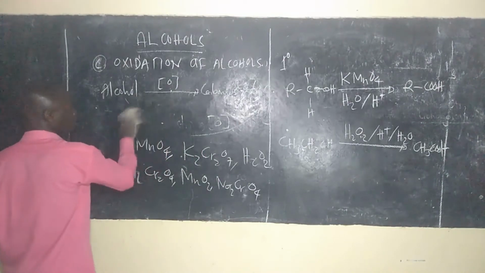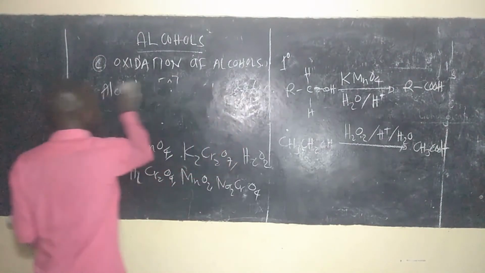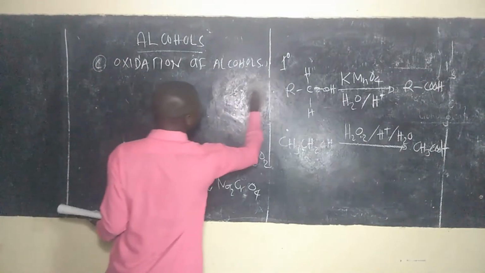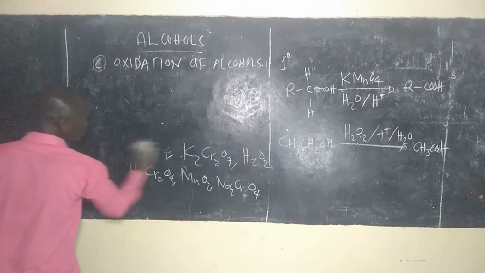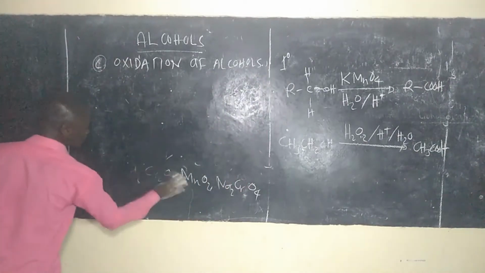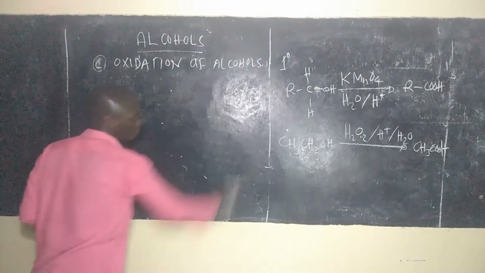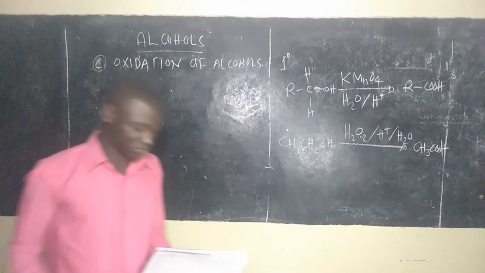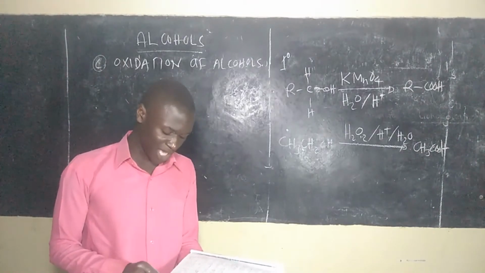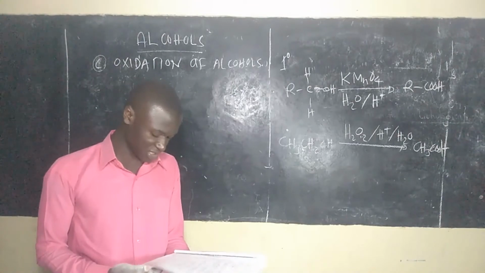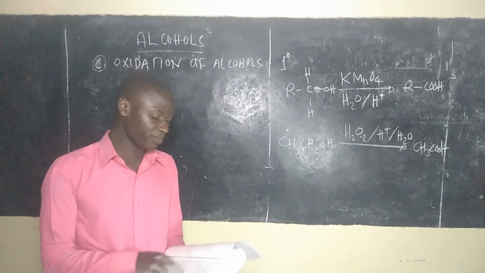Remember our equation hapa ambayo tulikuwa tumeielezea. So with the weak oxidizing agent, oxidation of primary alcohol with weak oxidizing agent. When primary alcohol are treated with weak oxidizing agent, aldehydes are formed.